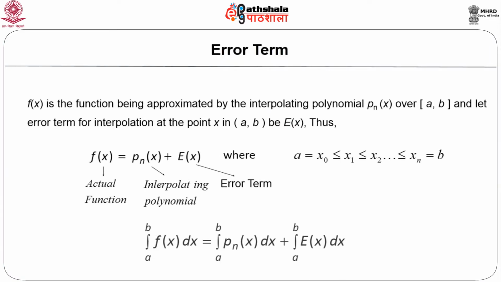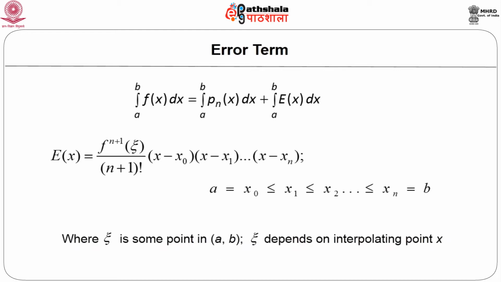Already you have learned in interpolation that if f(x) is approximated by a polynomial of degree n, then f(x) is given by Pn(x) plus E(x), where E(x) is the error term, given by the (n+1)th derivative of f at the point xi, divided by (n+1) factorial, into (x minus x0)(x minus x1) up to (x minus xn).